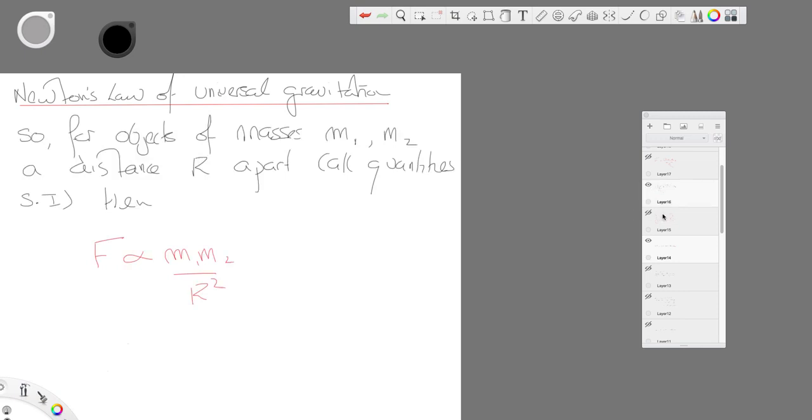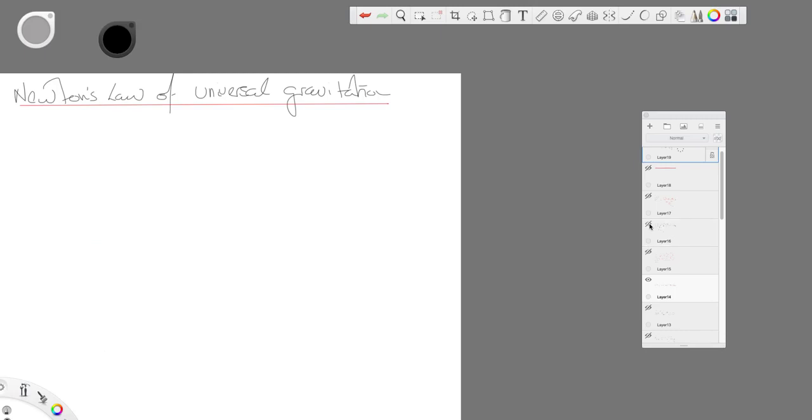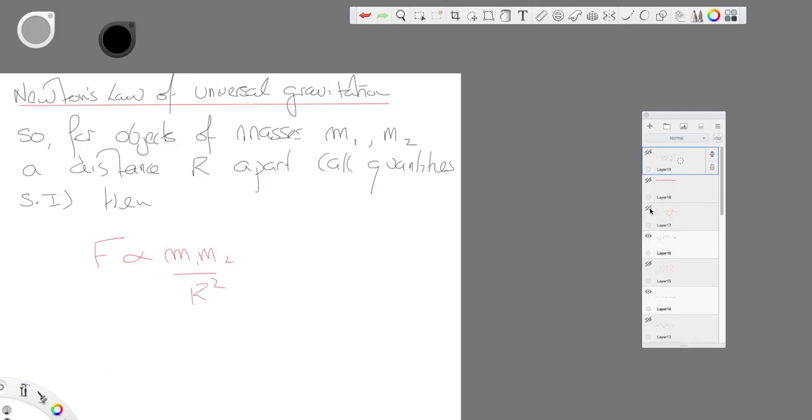So, for objects of masses m1 and m2, a distance r apart, all these quantities in standard international units, then the force, according to Newton, is proportional to the product of the masses and inversely proportional to the square of the distance between their centres. That is to say, F is some constant, G, times the product of the masses m1 m2 over r squared.